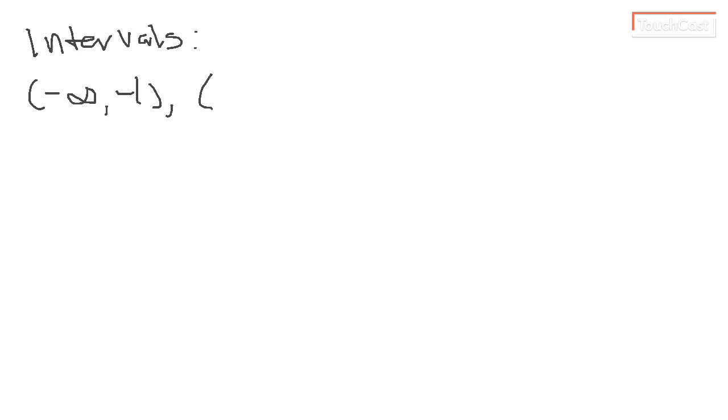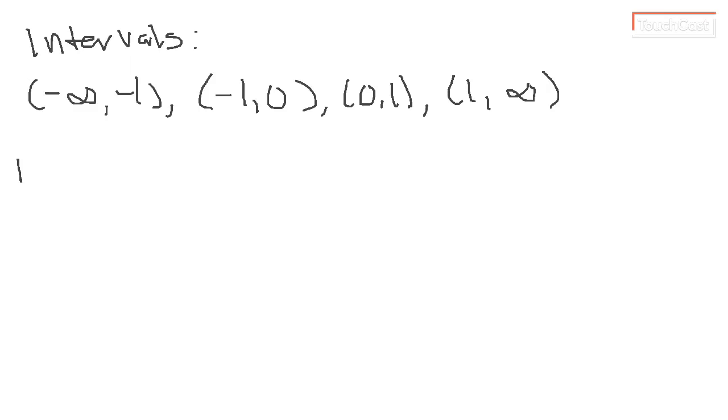Another interval will be from negative 1 to 0. We'll have an interval from 0 to 1. And then lastly, we'll have an interval from 1 to infinity. Okay, so we've got our intervals. We now need to determine some test values.